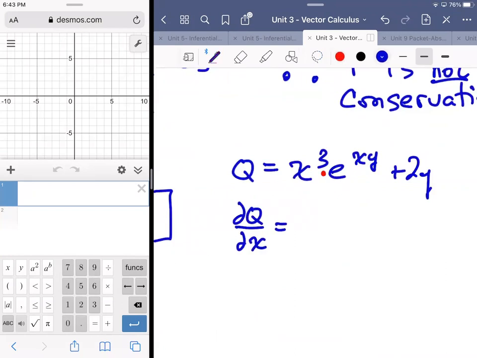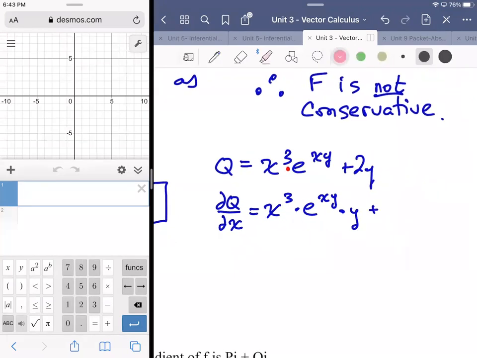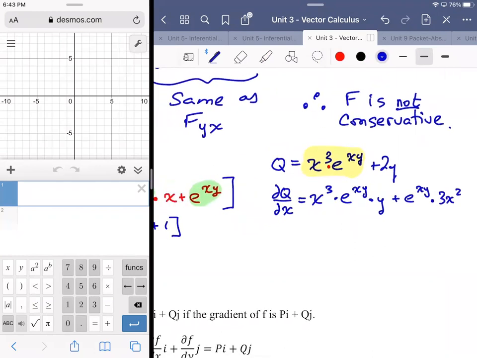The first would be x cubed times the derivative of the second, e to the xy, times the derivative of the exponent with respect to x, which would be the y, plus the second, again using our product rule, e to the xy times the derivative of the first, 3x squared, plus 0, because the 2y is just going to go to 0.